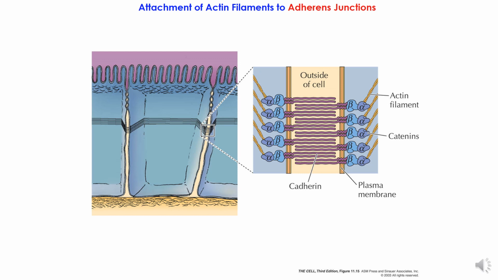Also, the actin filaments are present in the adherens junctions, a form of cell junctions. You can see here that the actin filaments are present here participating in the formation of cell junctions. You will study this further when you study the cell junctions.